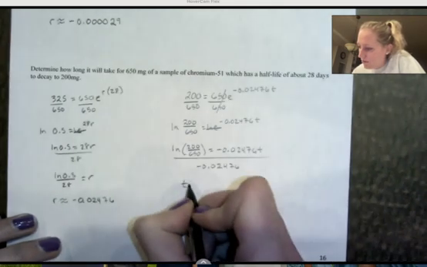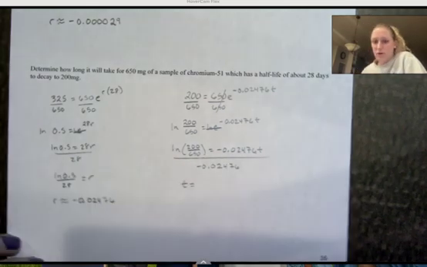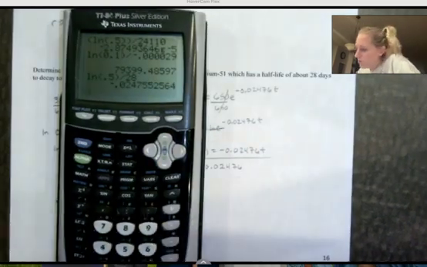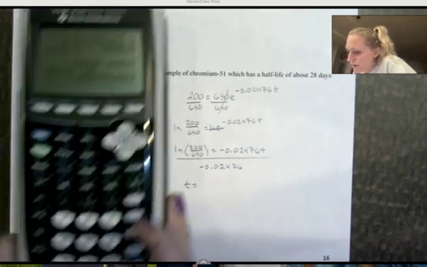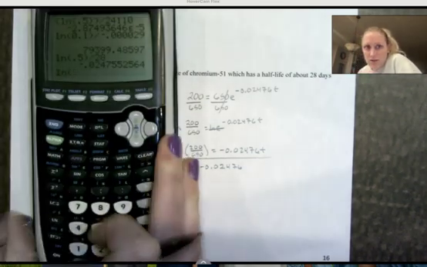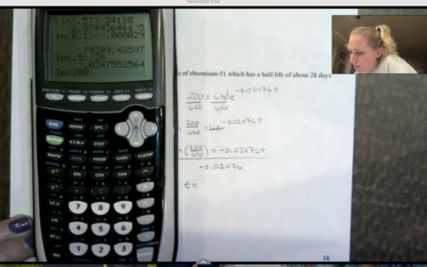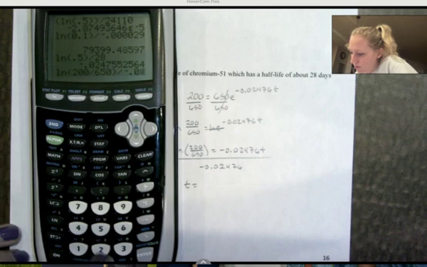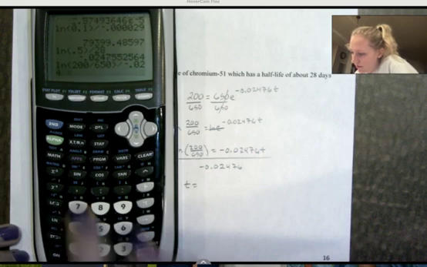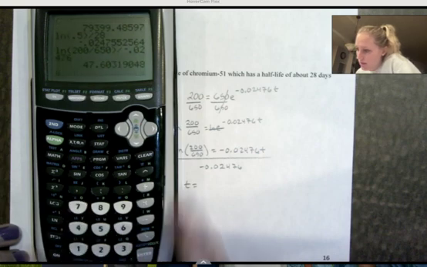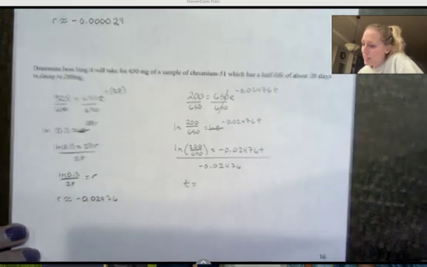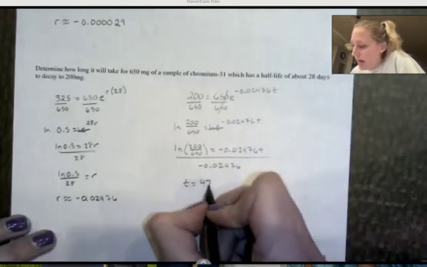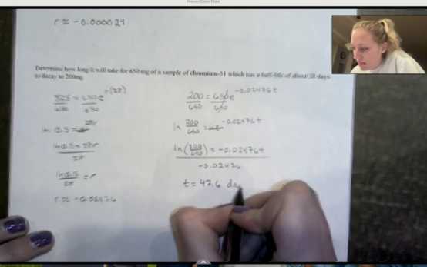All right, so t is equal to natural log of 200 divided by 650, and then that whole thing divided by negative 0.02476. All right, 47.6, and remember our unit of time here was days, not years.